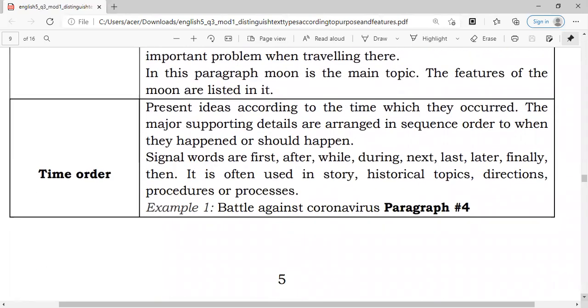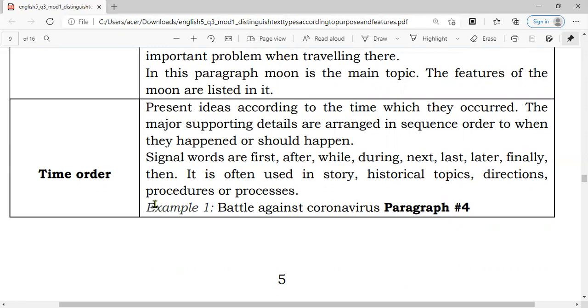So let's have time order. This is very obvious with our selection. You have there three viruses that occurred according to the time, presenting ideas according to the time when they occurred.